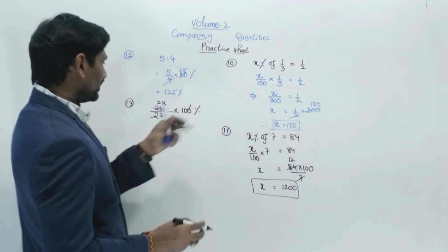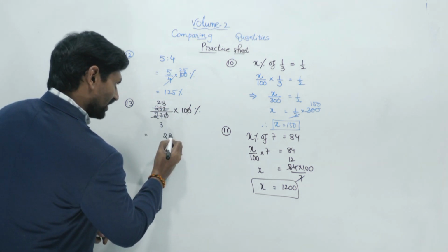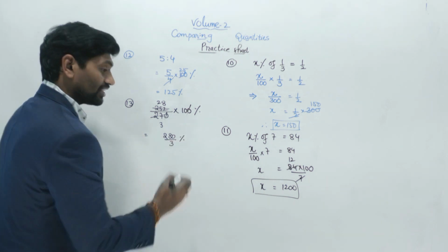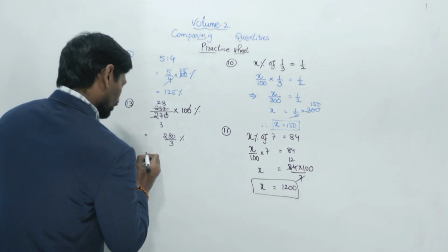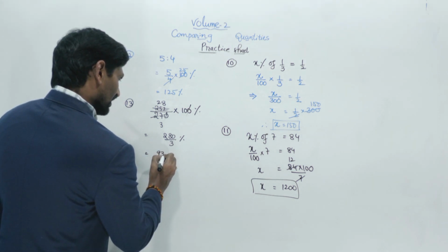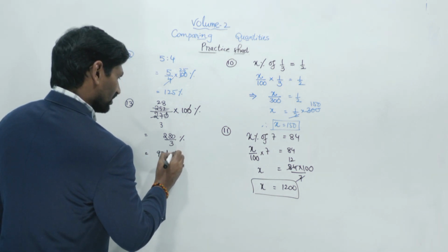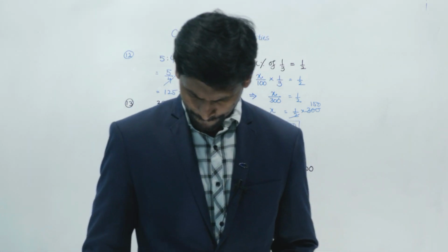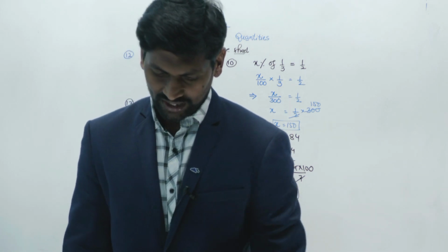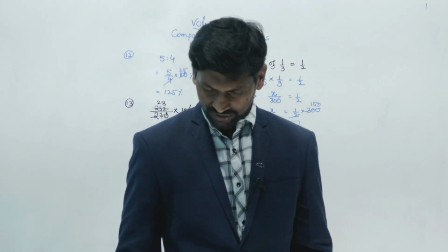So 28 into 10, 280 by 3. Just try to convert them into mixed fractions, and we will get the proper answer. So 8 table, 8 9s are 72, 8 3s are 24 with 1 remainder. So it is 93 1 by 3 percentage. Let us try to get the solution for the next one.